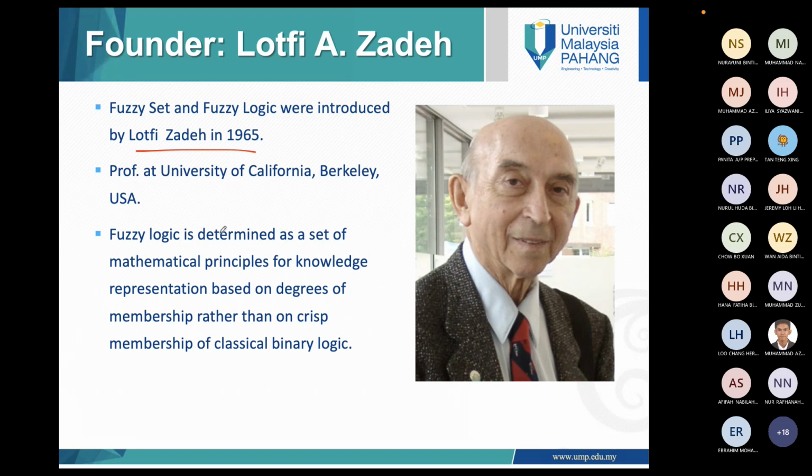We want to use fuzzy logic in order to make decisions. Inside fuzzy logic is a set of mathematical principles for knowledge representation based on degrees of membership. Basically it's a set of mathematical principles, a set of rules.